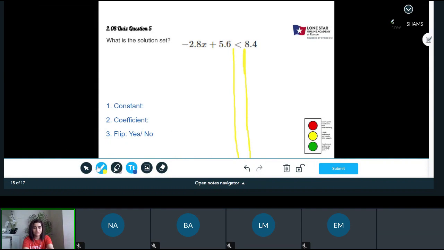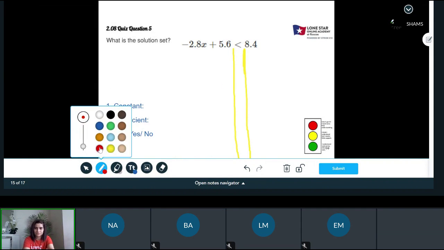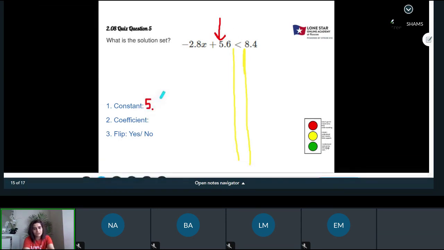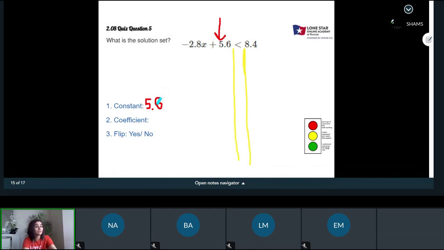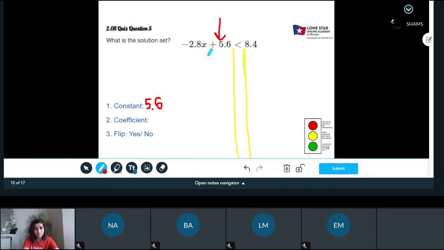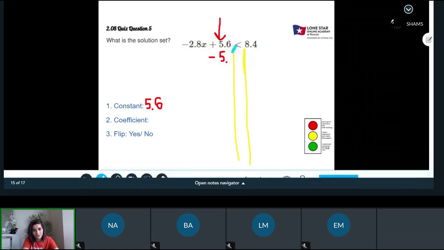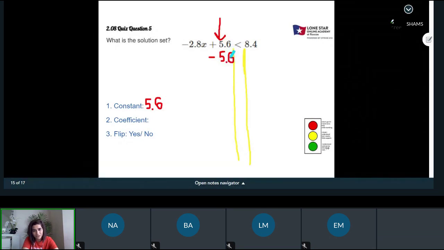Here, the constant is plus 5.6. I will write down constant is 5.6. To get rid of this constant, you will undo adding, you will subtract. What you subtract on one side, you will do to the other side.